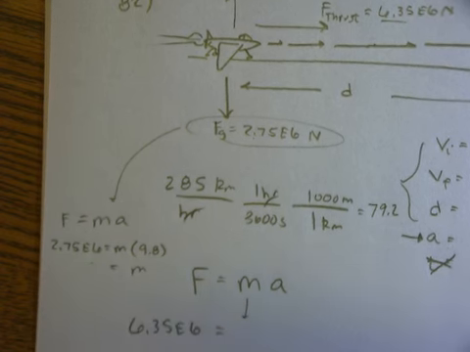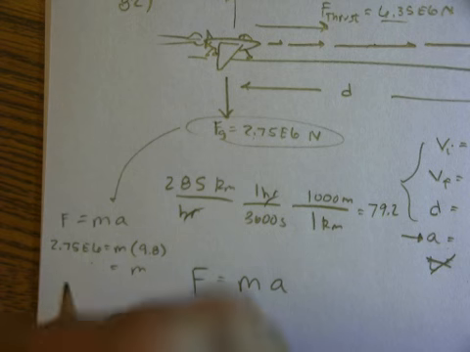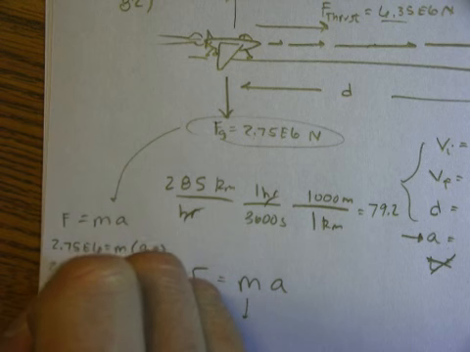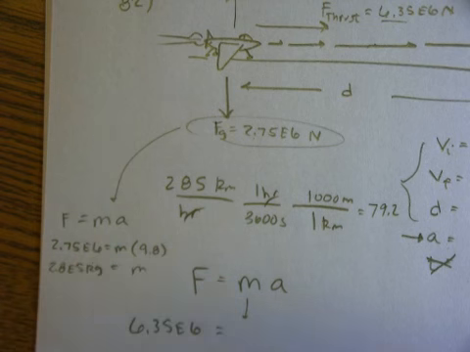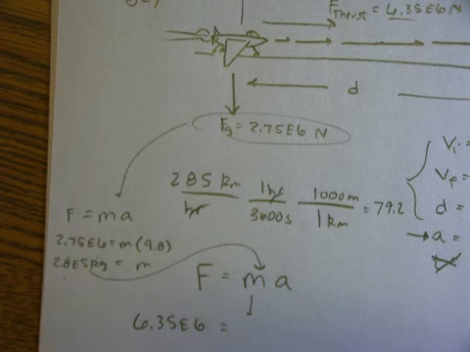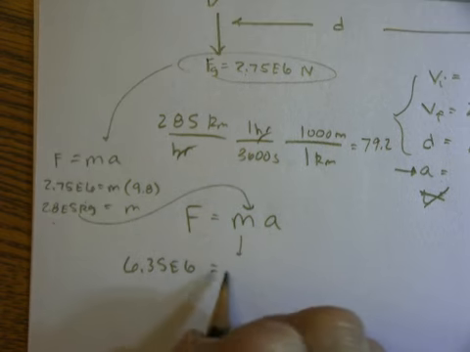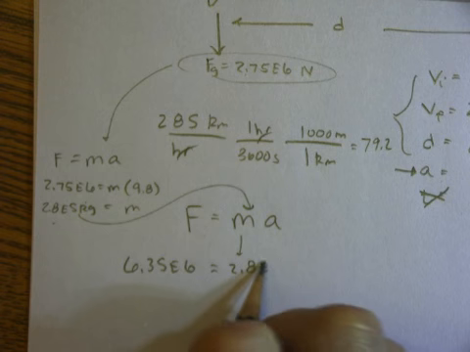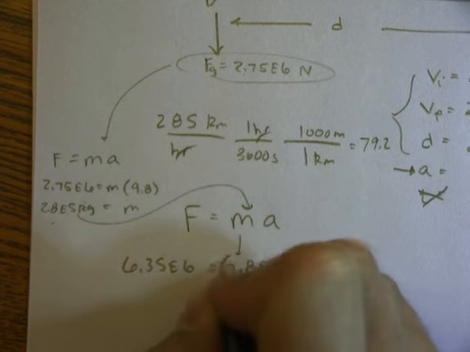So the mass of this plane is 2.75 E6 divided by 9.8, and you get 2.8 E5 kilograms. So you take that mass, stick it in there.